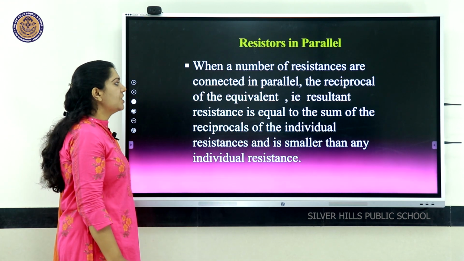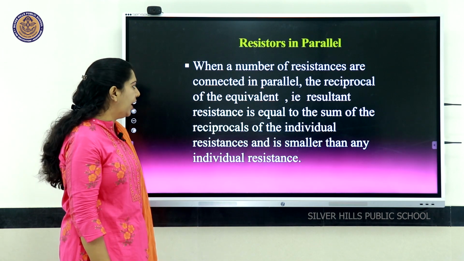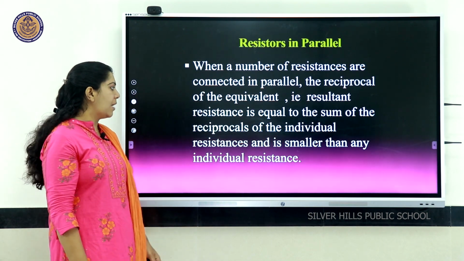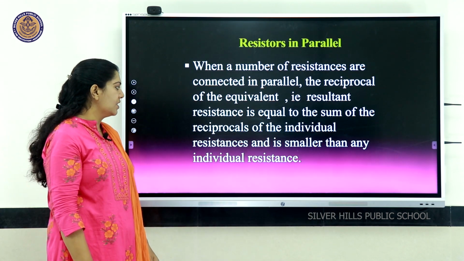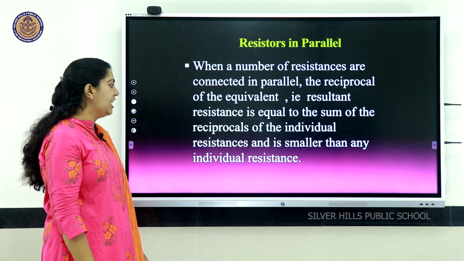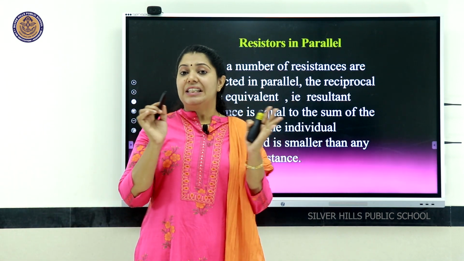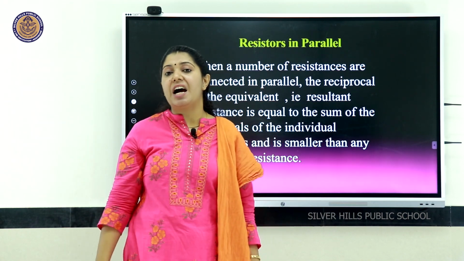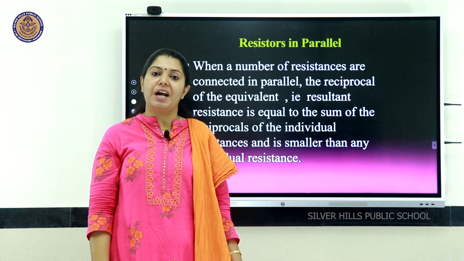When a number of resistances are connected in parallel, the reciprocal of the equivalent, that is the resultant resistance, is equal to the sum of the reciprocals of the individual resistances and is smaller than any individual resistance. We can say if three resistors are connected in parallel, the relation is 1 by R is equal to 1 by R1 plus 1 by R2 plus 1 by R3.